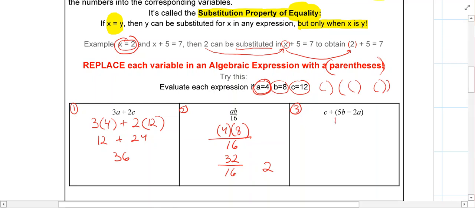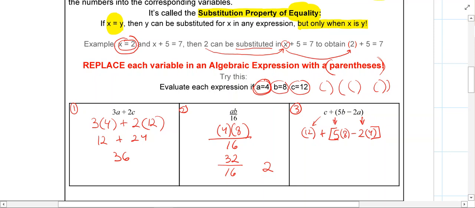So we're going to turn this into brackets. All right, we'll have parentheses for the C out here. We'll have 5 parentheses for the B and a parentheses for the A. And now we'll use the substitution property. So we'll say C is 12 and B is 8 and A is 4.